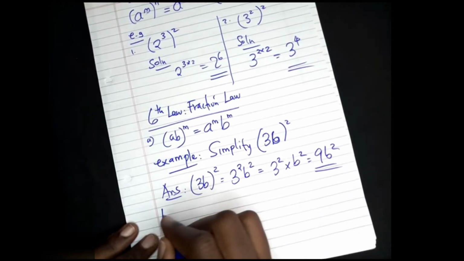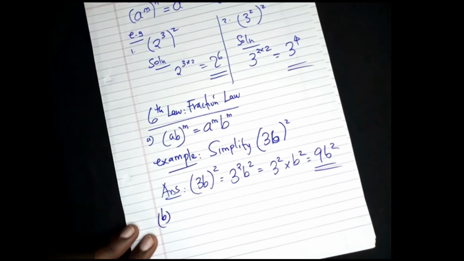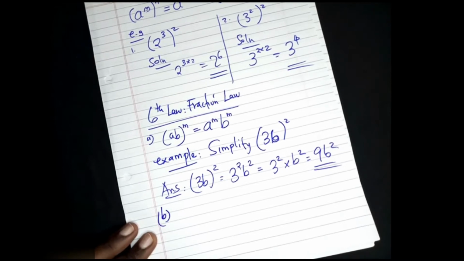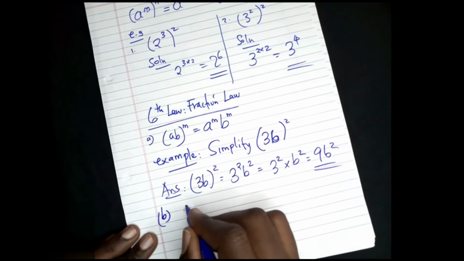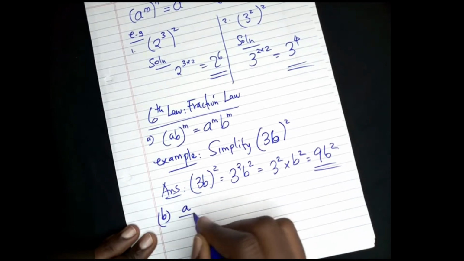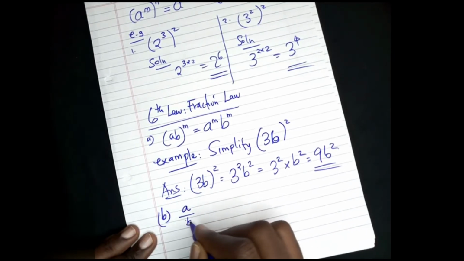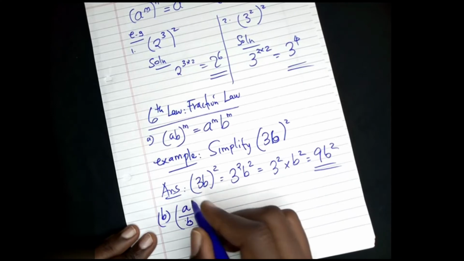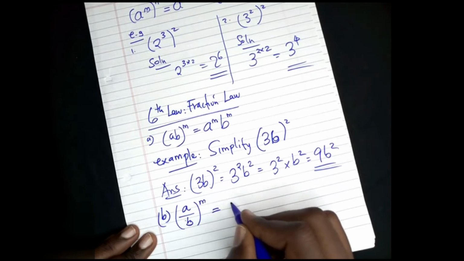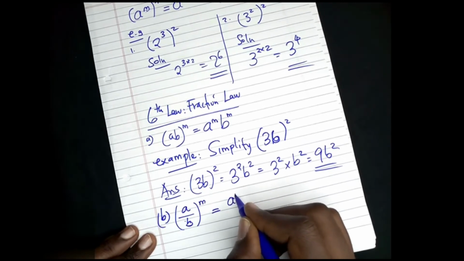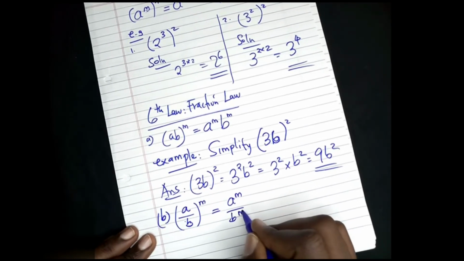The second part of the fraction law, or the power product law, is represented as follows. If we have a number a over b, a fraction, to a given power m is equals to a to power m over b to power m.